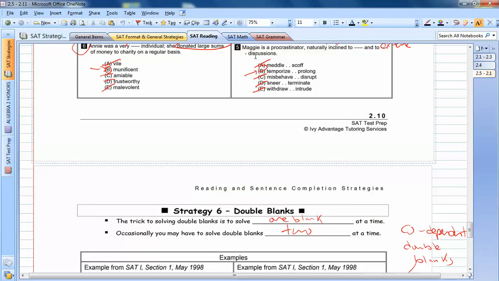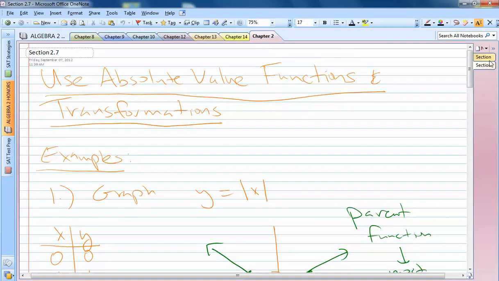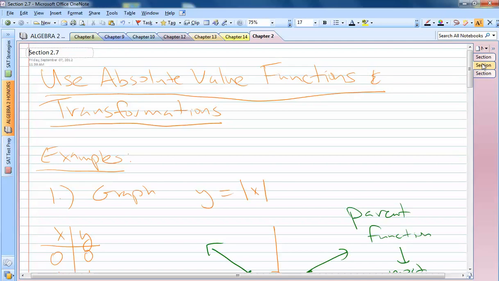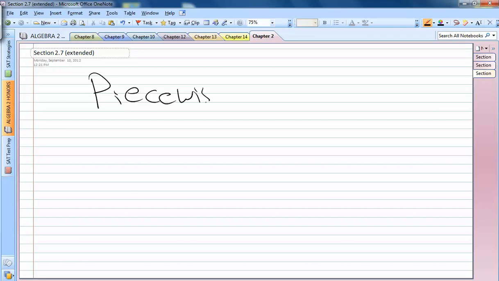So I'm going to open up a new OneNote thing here. Okay, perfect. So this will be section 2.7 extended. Again, this is titled piecewise functions.